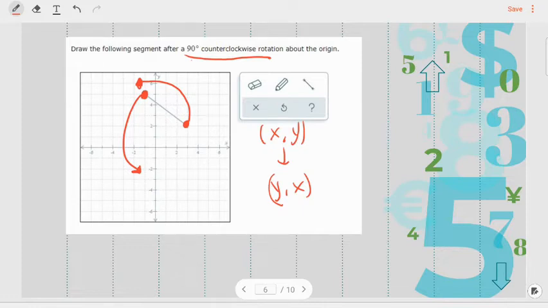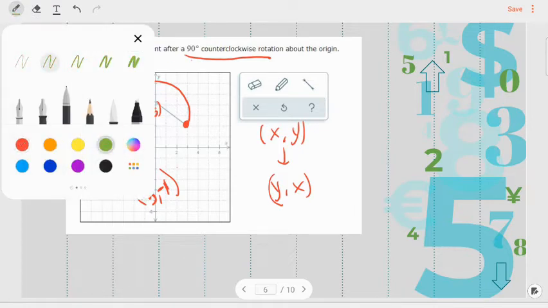So if I'm rotating this point right here, and it is at (-1, 5), when I move it to this quadrant, I'm going to flip-flop them. So I'm going to have 5 and 1, and then I'm going to think about this quadrant down here. Remember, this is a negative quadrant, all the x values and all the y values. So I'm going to use (-5, -1), and I'm going to plot that point in a different color.